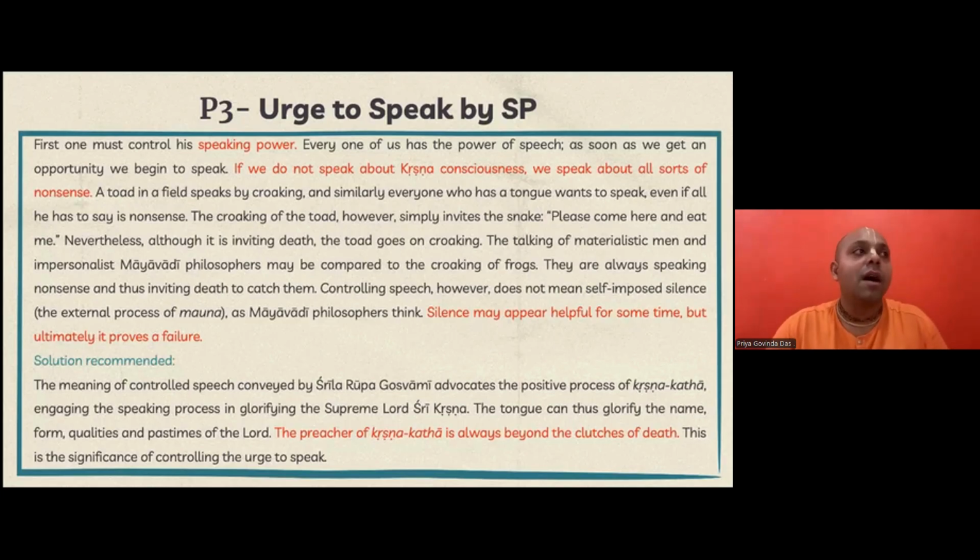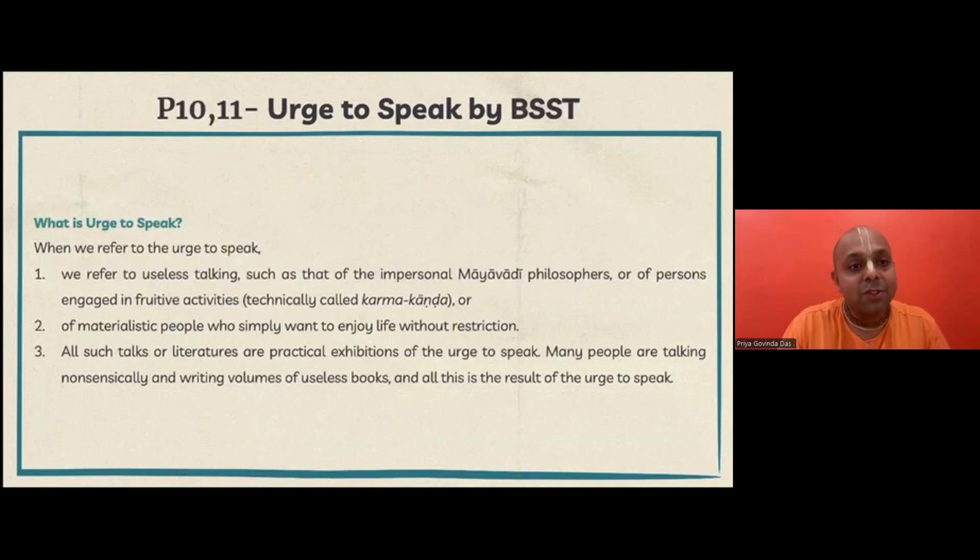So now, this solution which Prabhupada gives, but when he gives the commentary by Bhaktisiddhanta Thakur, Bhaktisiddhanta Thakur also talks about what this urge to speak means. So he says there are 3 things which are covered in urge to speak. First, useless talking, such as of impersonal Mayavadi philosophers and persons engaged in fruitive activities.